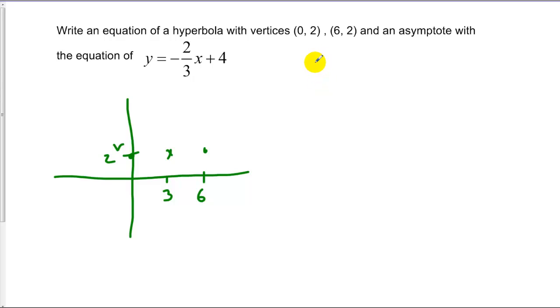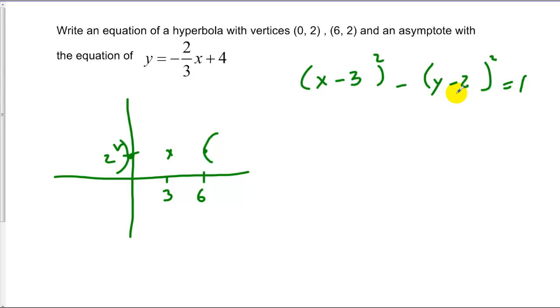Automatically, at this point, I know that I have a horizontal opening hyperbola, which gives me an x leading term, followed by a y term, equaling 1. We just said we have our center of 3 and 2.